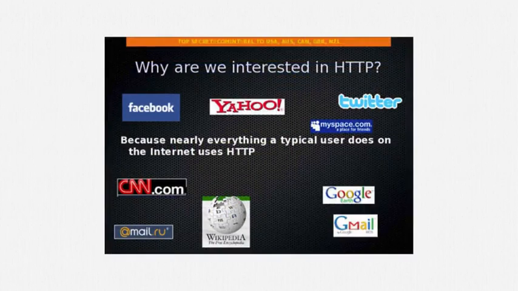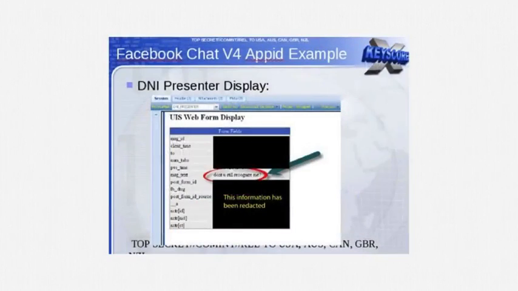Analysts who use X-Keyscore can see all sorts of online activities. Note that many of these activities involve American businesses. Before Facebook began encrypting its messaging traffic, for instance, X-Keyscore could pick out chats between users.